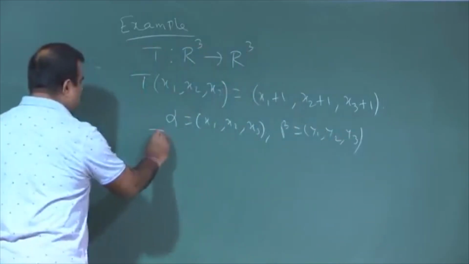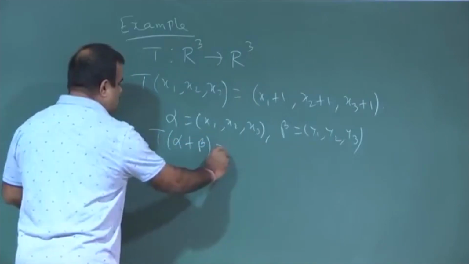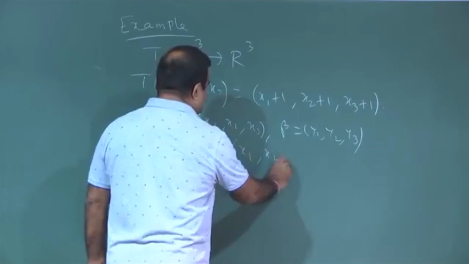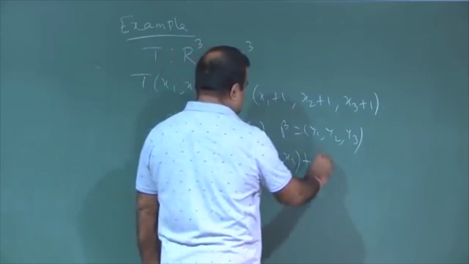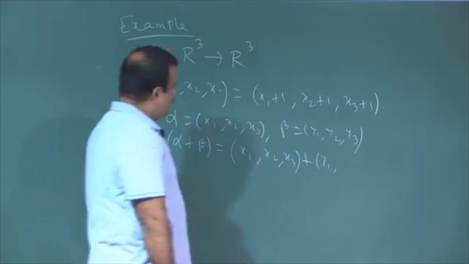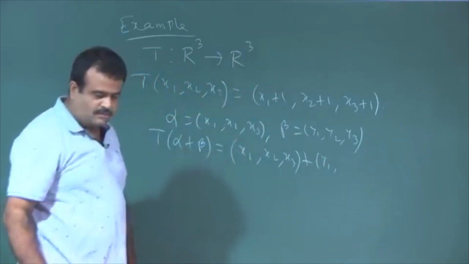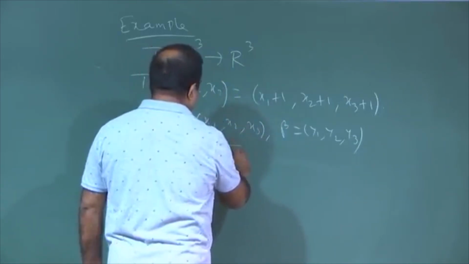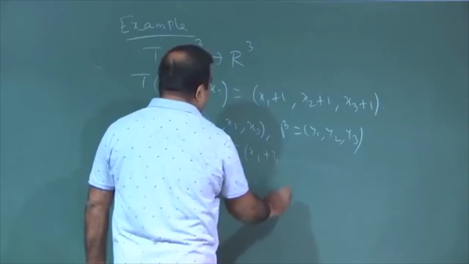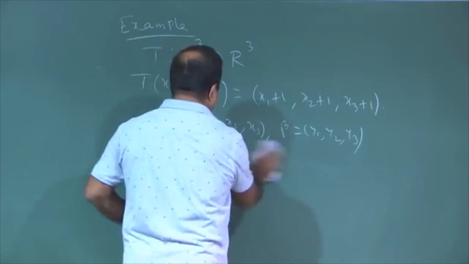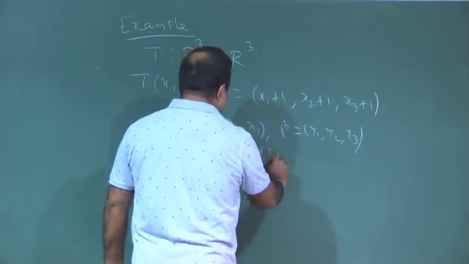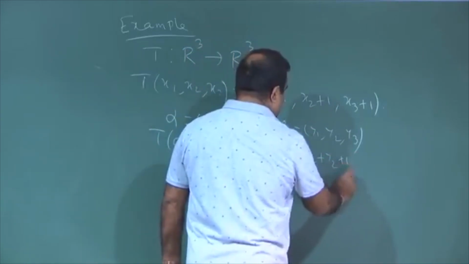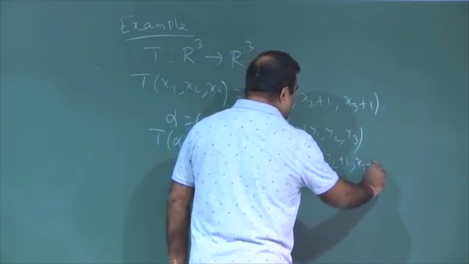then T of alpha plus beta is basically T of (x1, x2, x3) plus (y1, y2, y3). So, T of alpha plus beta is nothing but what? T of (x1 plus y1, x2 plus y2, x3 plus y3), which is (x1 plus y1 plus 1, x2 plus y2 plus 1, x3 plus y3 plus 1).